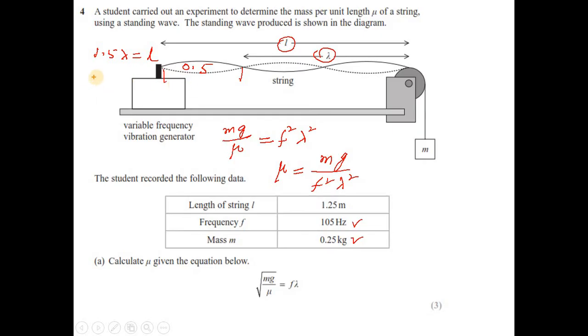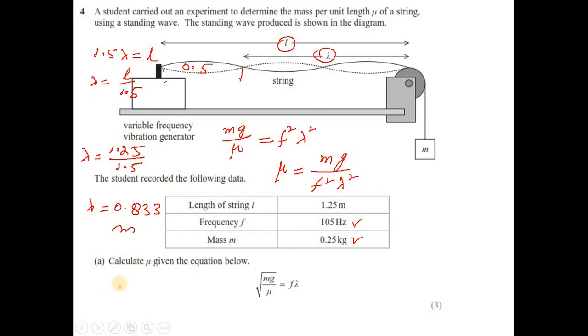So lambda is equal to length upon 1.5, or lambda is equal to 1.25 divided by 1.5, and then lambda is 0.833333 meter, and you substitute all the values here.